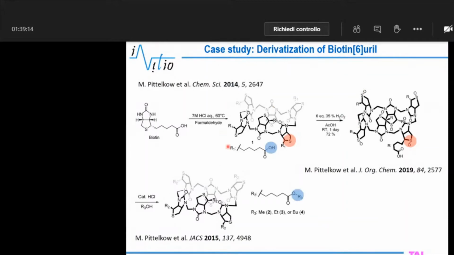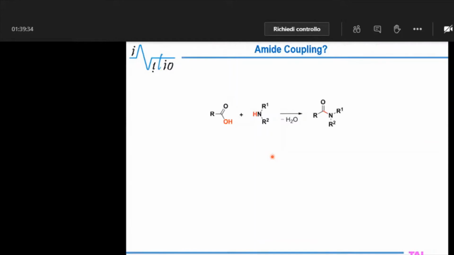And since we have this compound and can produce it in big amounts, we started to think how we can use the advantages of this carboxylate group to make other structures, maybe more complex compounds out of it. And one reaction which looks pretty suitable for this purpose is amide coupling.